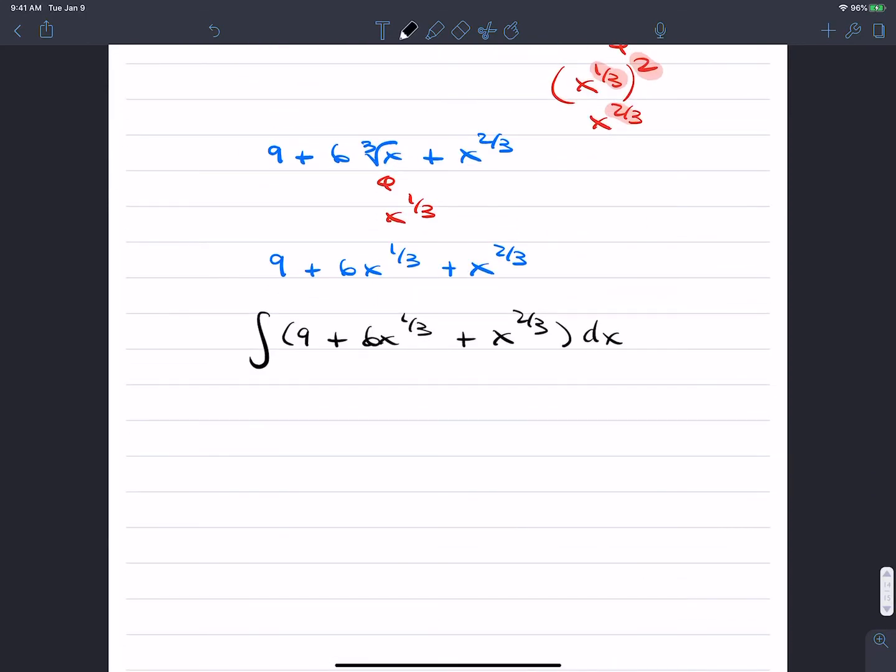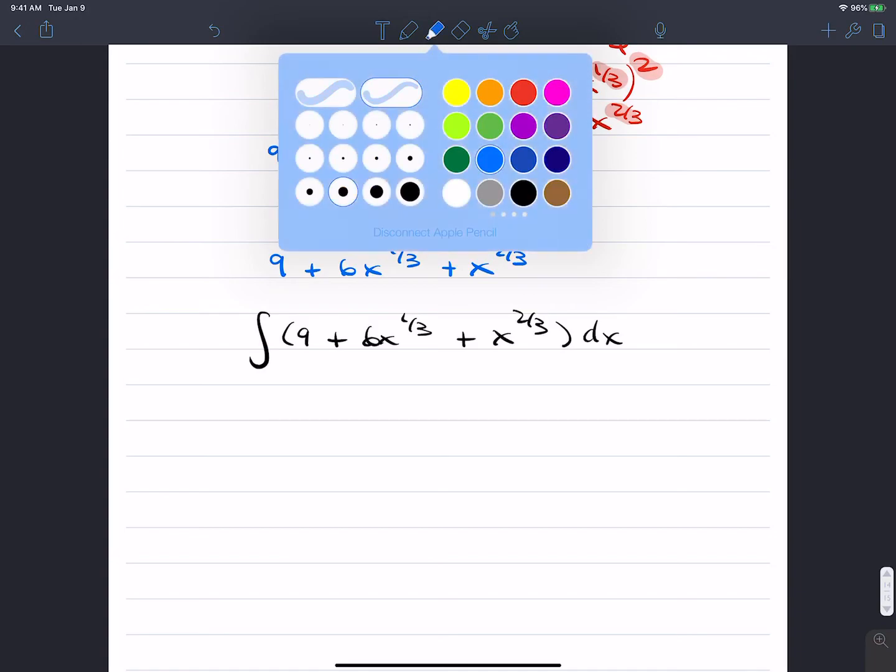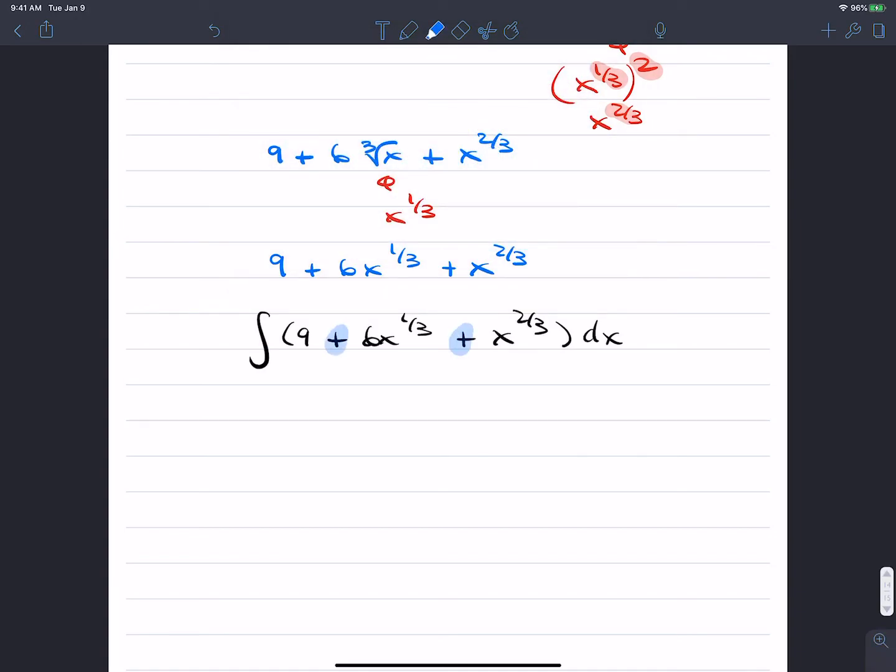Okay, by the properties now. Addition, addition. So the integral of a sum is the sum of integrals. Here's that sum.